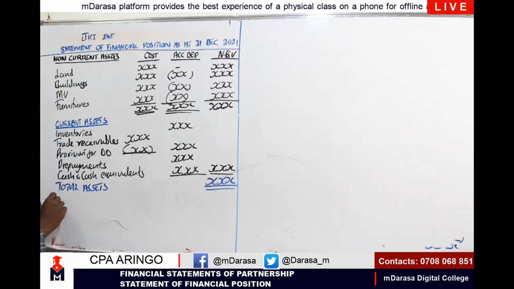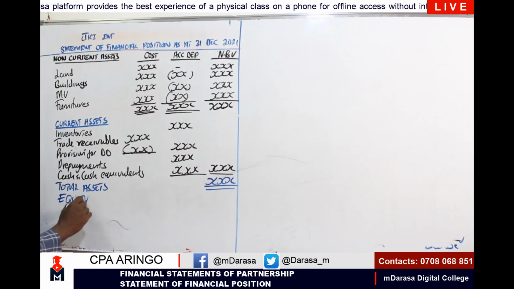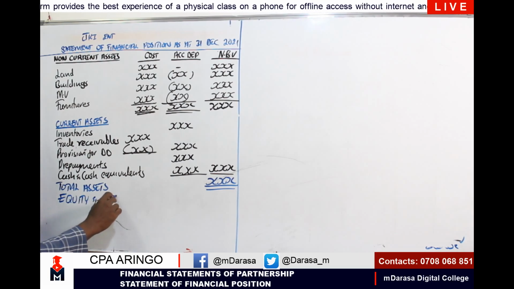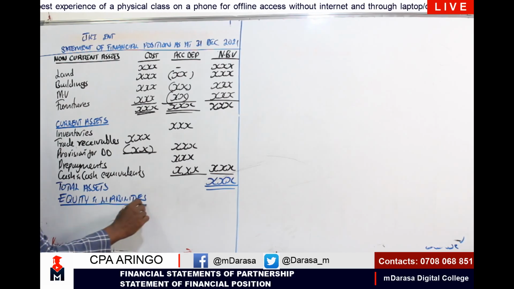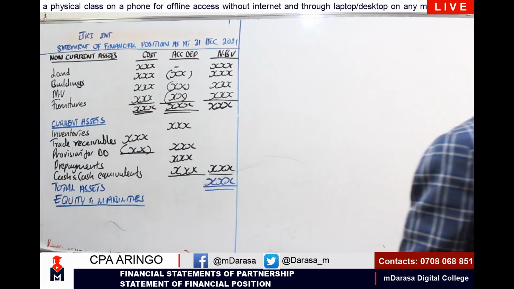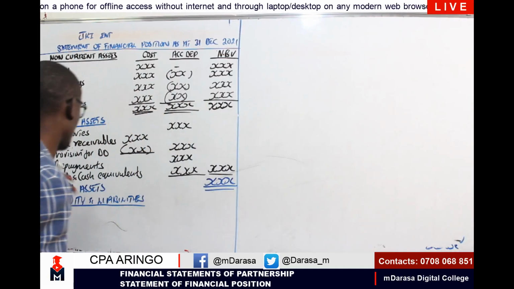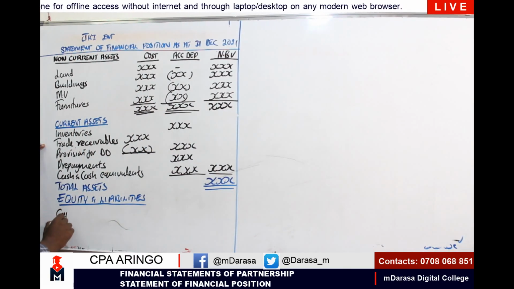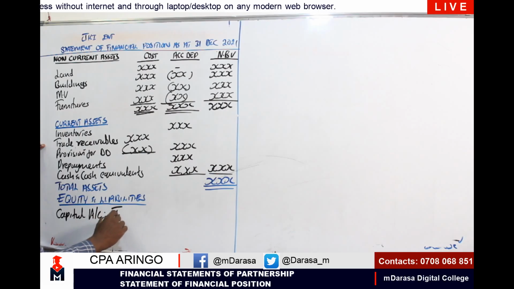So we talk of equity and liabilities. You'll find that this is one area where things will change. In this case, we are going to consider our capital in terms of current and capital accounts. So I'm going to start with the capital account for John and Kiarie.